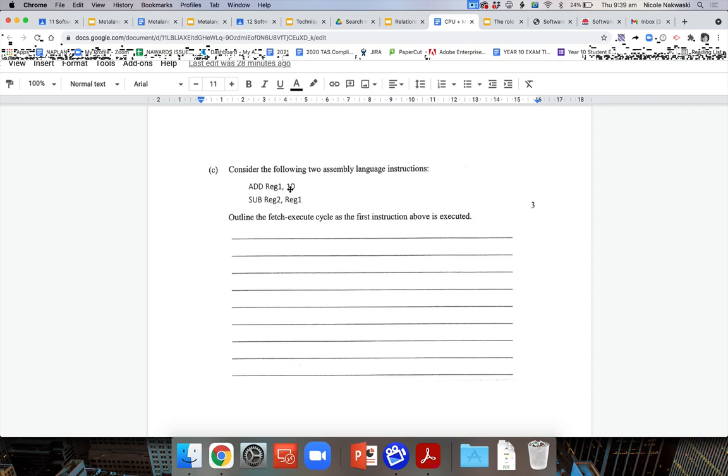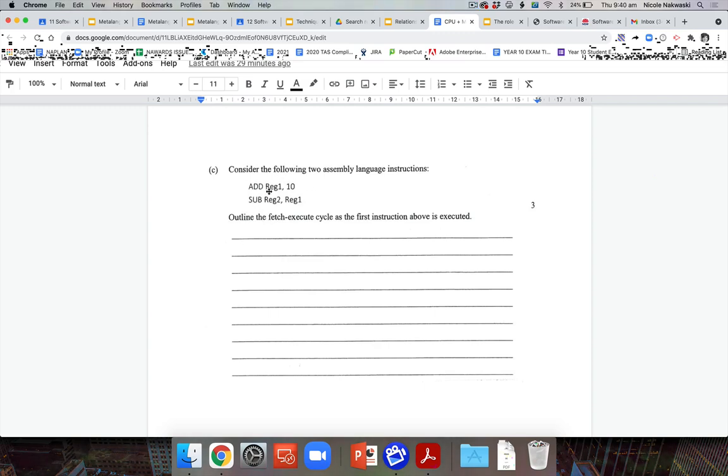The control unit then decodes this instruction into operand and operator. It then passes it to the ALU to execute it, and the result is stored in the accumulator, and then anything necessary is stored in RAM. It then goes to grab the next instruction.